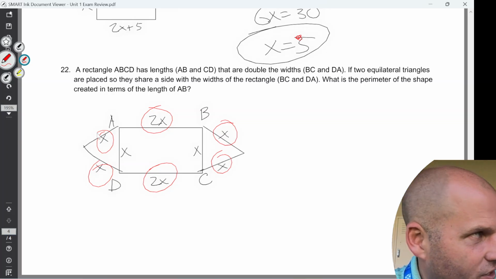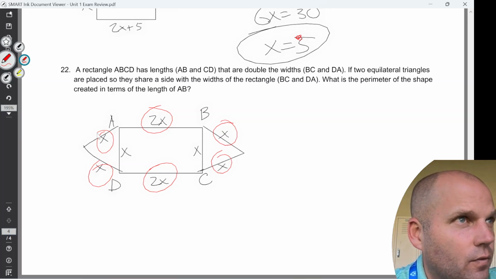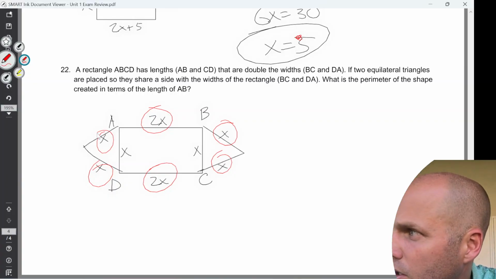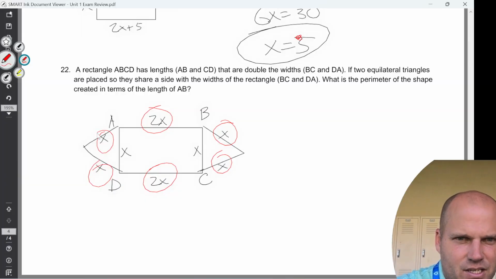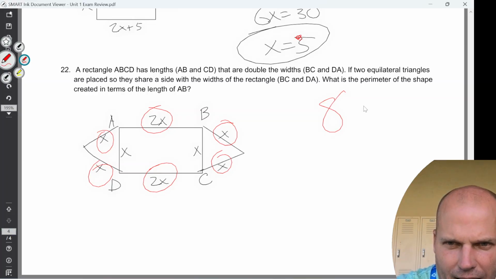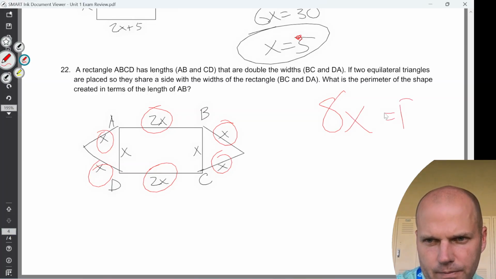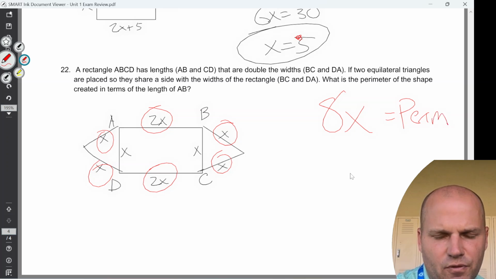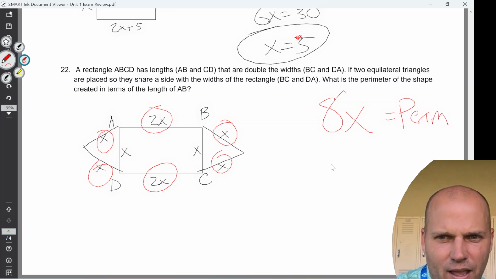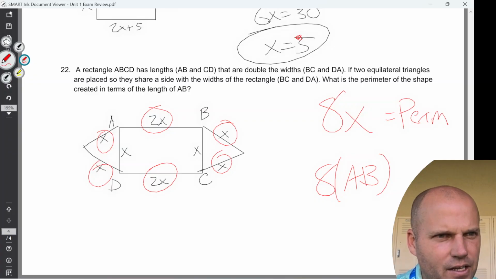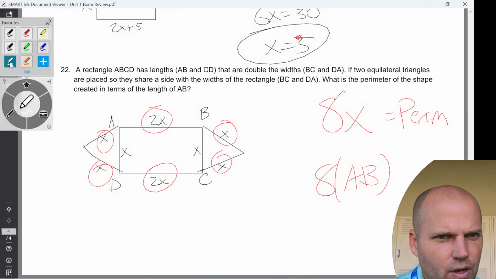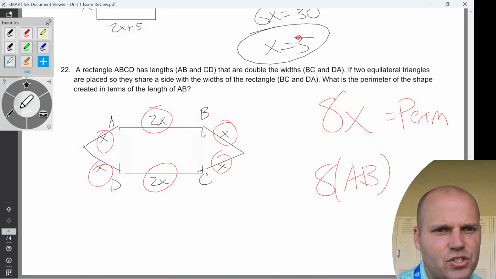So I have two 2X's, and then two sets of 2X's from the triangle lengths, for a total of 2, 4, 6, 8 X's to be the perimeter. If I want this in terms of length AB, I really have 8 ABs as the perimeter. I'm not including the width of the rectangle, as a perimeter is just the length around the outside.